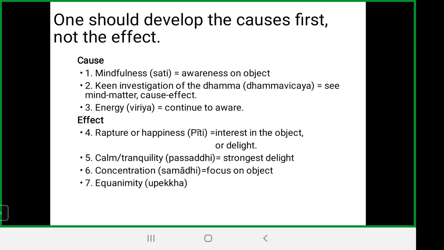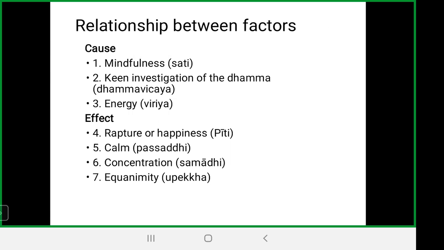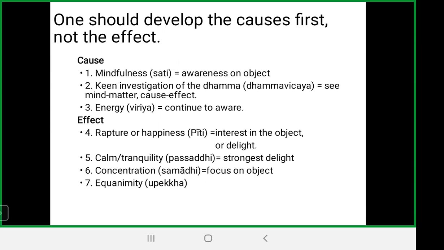You try to see more of the Nama Rupa instead of this I, this being. You try to see cause and effect, like just now, which is also considered Dhamma Vijaya. What is cause and effect? And then energy means that you must continue the awareness. If you keep the energy, keep your attention there, this means the effort is there.